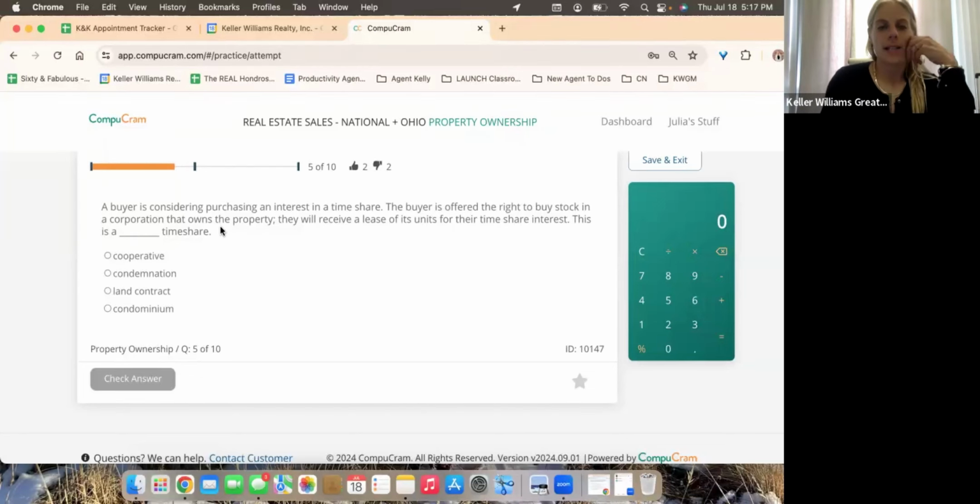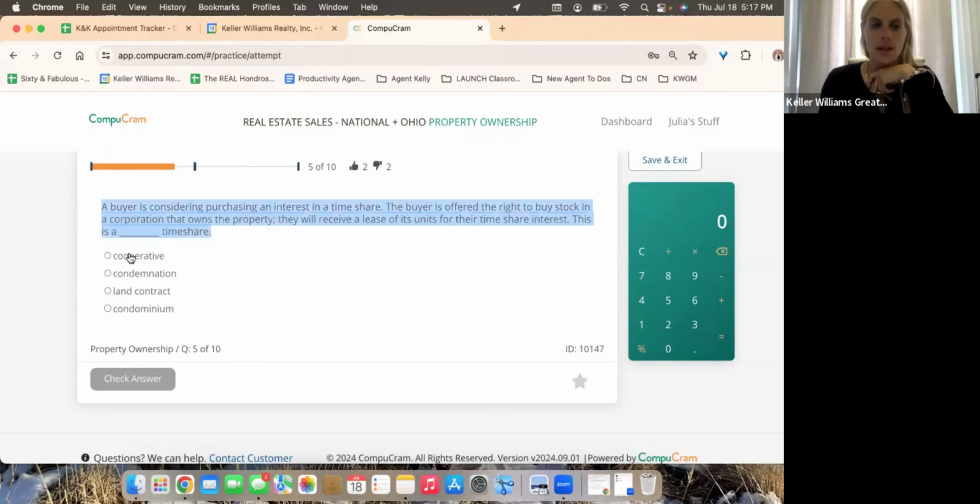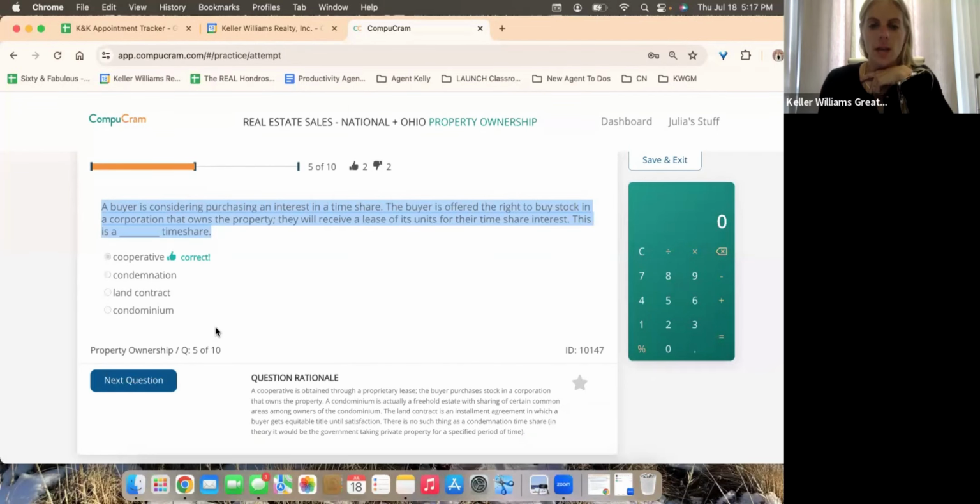All right, I think I did have a similar question to this on the test. And you guys are both correct. It's going to be a cooperative timeshare. So the key thing is the right to buy stock in a corporation.